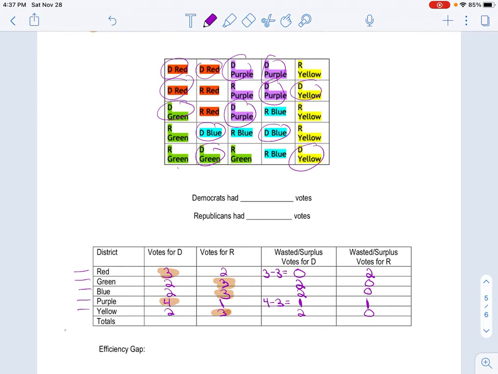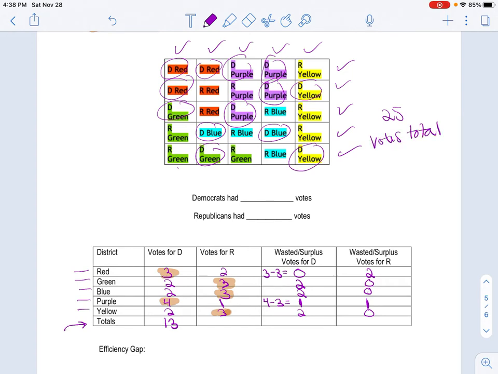All right, now I'm going to find all the totals. So if I do 3 plus 2 plus 2 plus 4 plus 2, I get 13. Well, I know right here, because this is a 5 by 5 grid, there are 25 votes total.